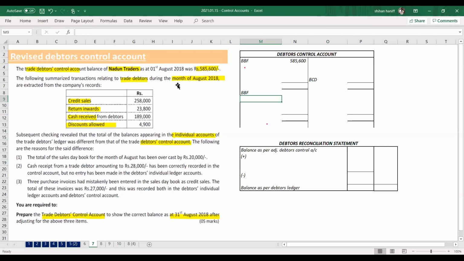Before correcting the errors means you have to record the 4 transactions which are given.